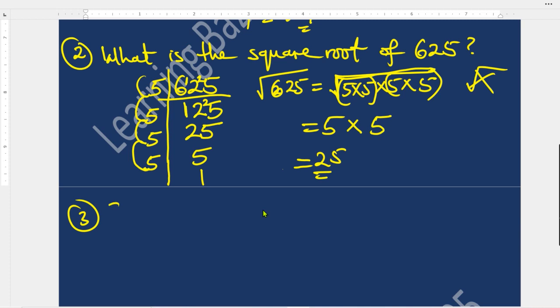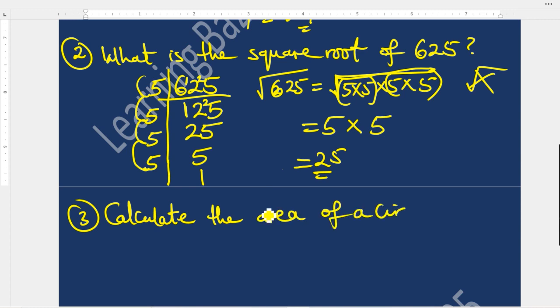Calculate the area of a circle whose radius is 7 centimeters.